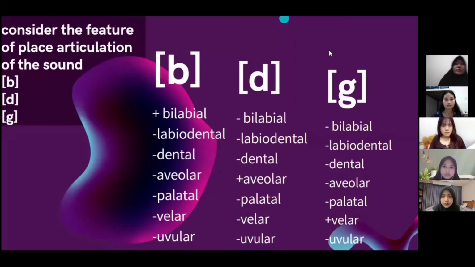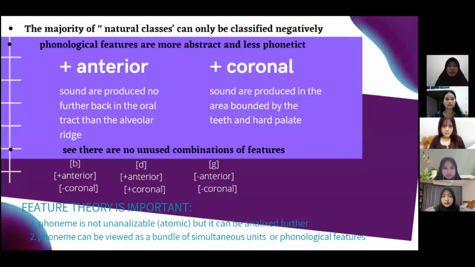Consider the feature of place of articulation of the sounds B, D, and G. For B, we have positively bilabial, for D we have alveolar, and for G we have velar. Okay, we have some points for this.